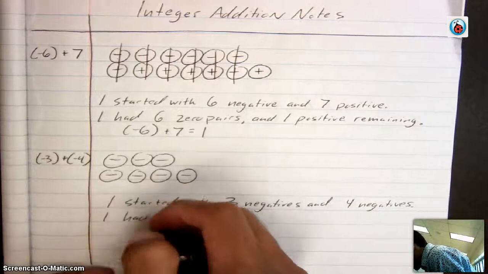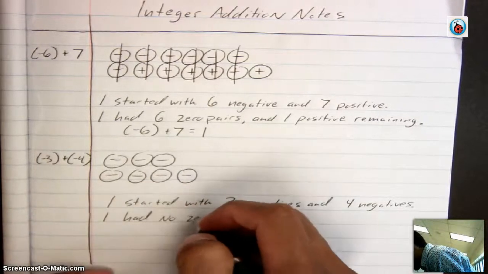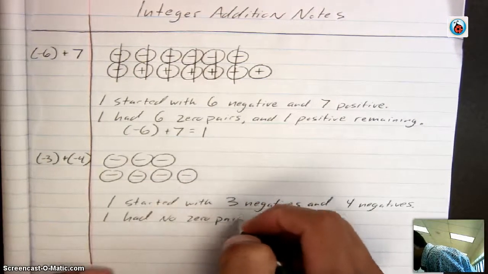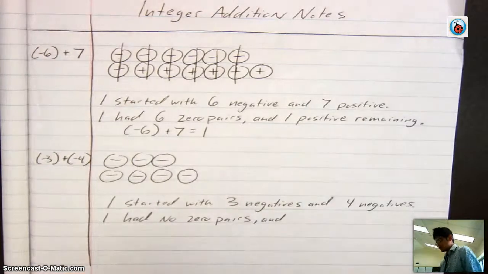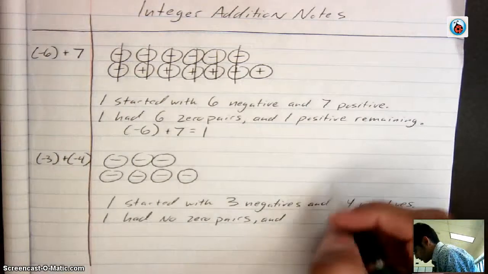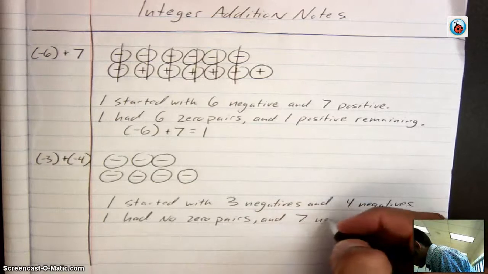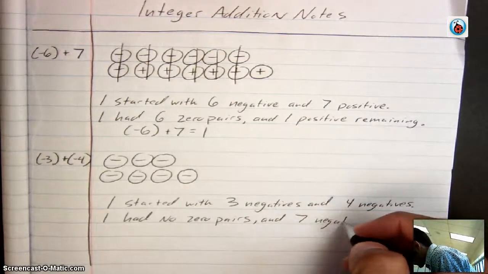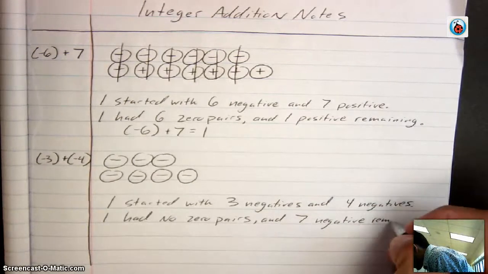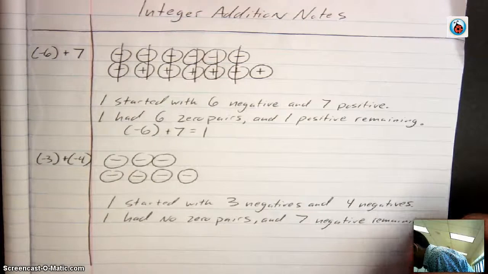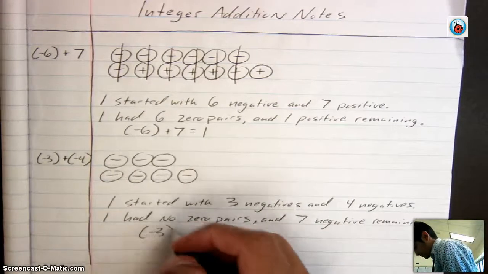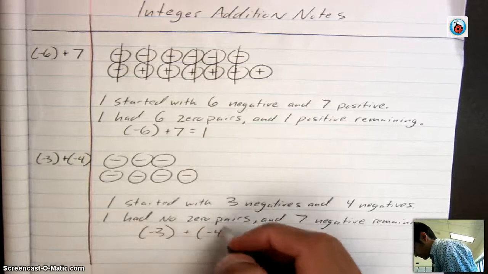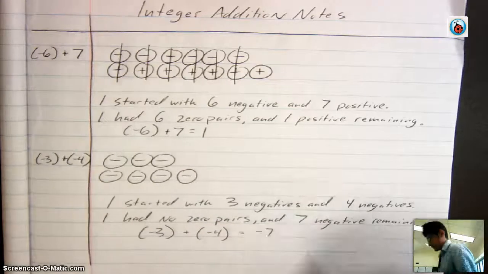I had no zero pairs. And I have how many altogether? You just count them. And 7 negative remaining. Okay? So then our answer is -3 plus -4 equals -7.